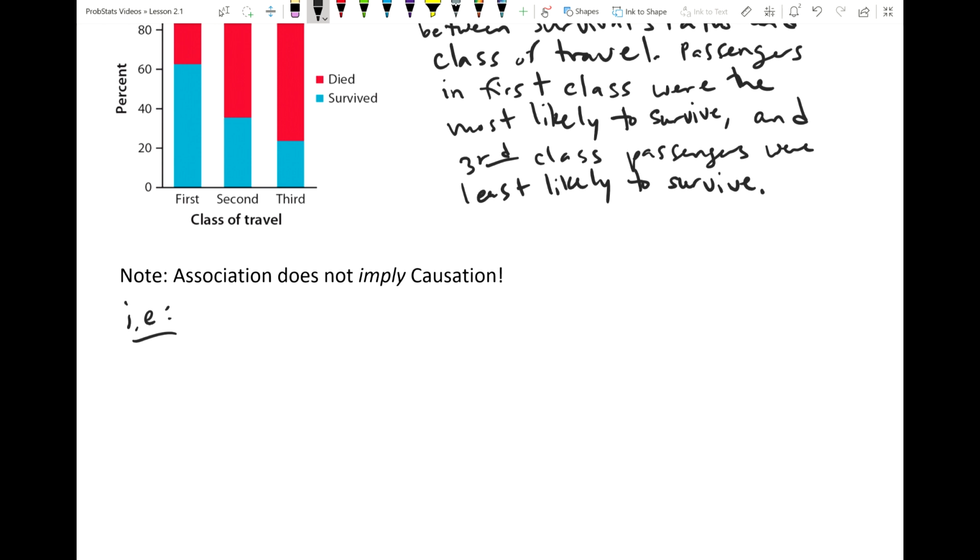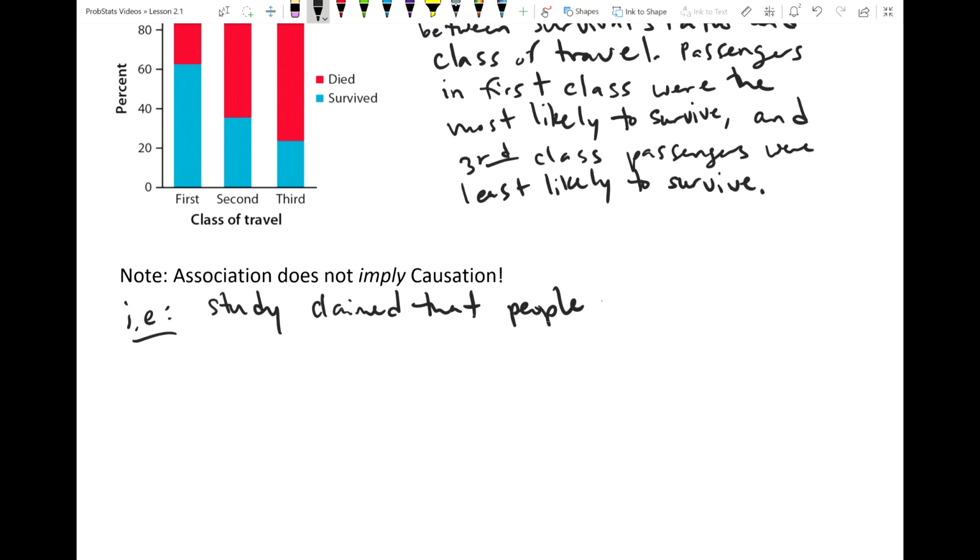A recent study claimed that people who are overweight are less likely to die within a few years than people of normal weight.